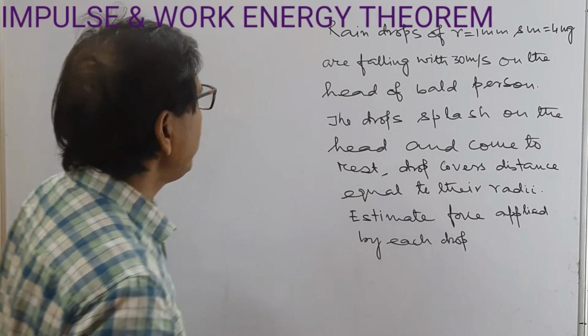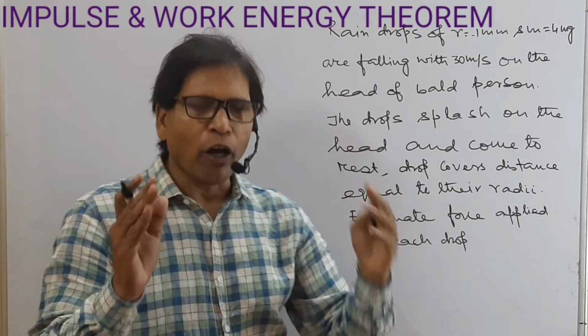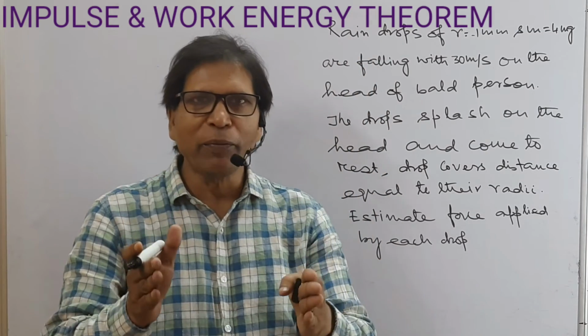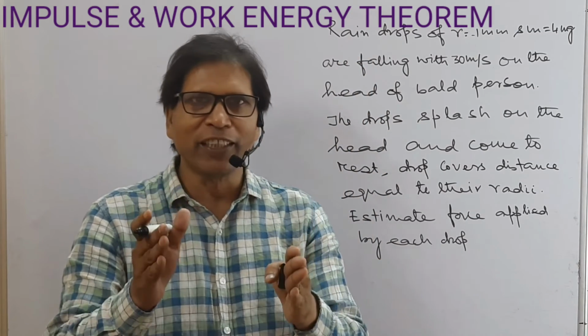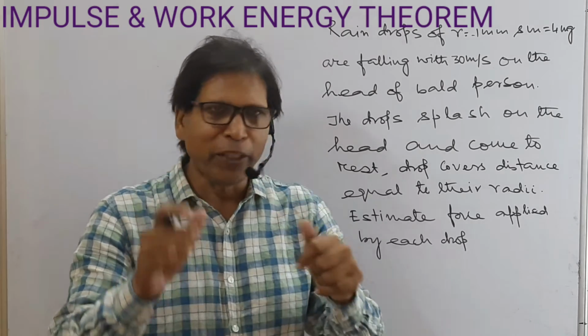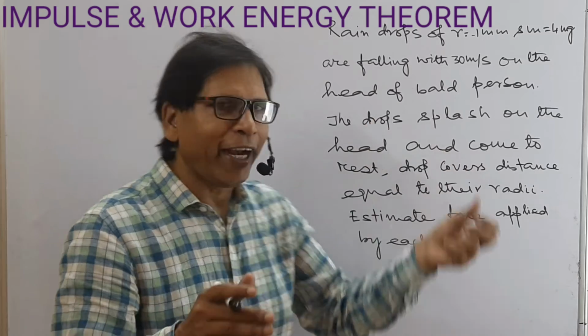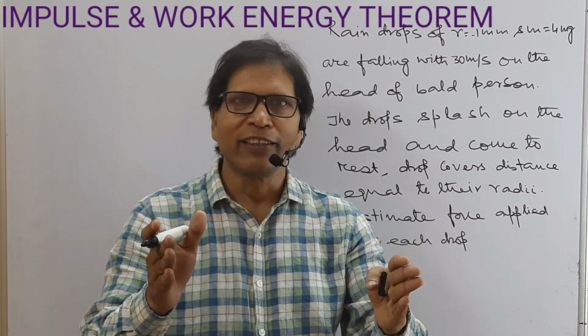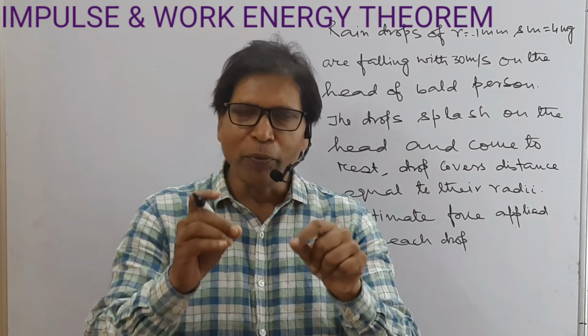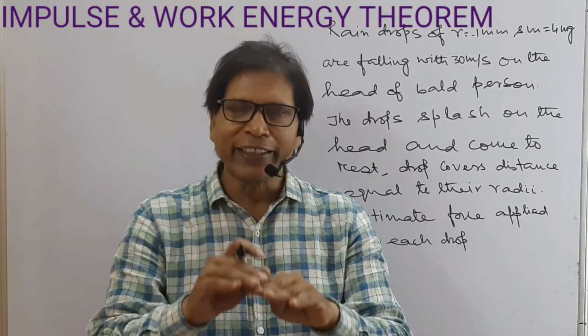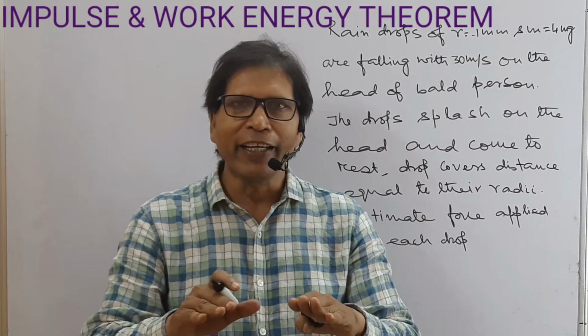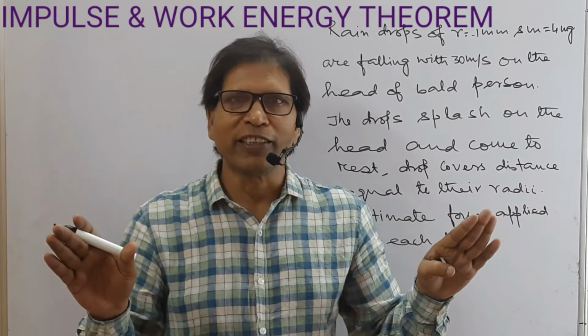Understood? The raindrops of radius 1 millimeter and mass 4 mg are falling at a speed of 30 meter per second on the head of a bird person. The raindrop covers a distance equal to its radius before coming to rest.